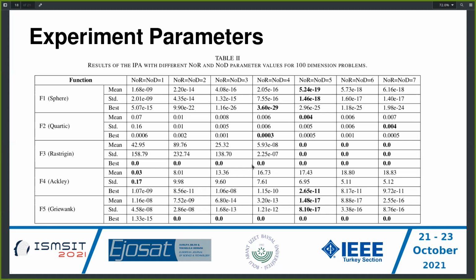The best results are bolded in these tables, so we can see that in most cases, when the number of receivers and donors is set to 5, we obtain the best result in terms of mean and standard deviation, and also the overall best value. Only in some cases we have different results, but the overall best value is mostly found when we set the donors and receivers equal to 5.